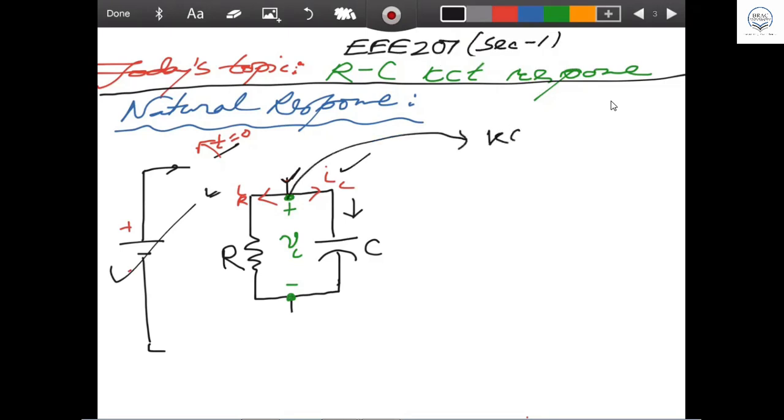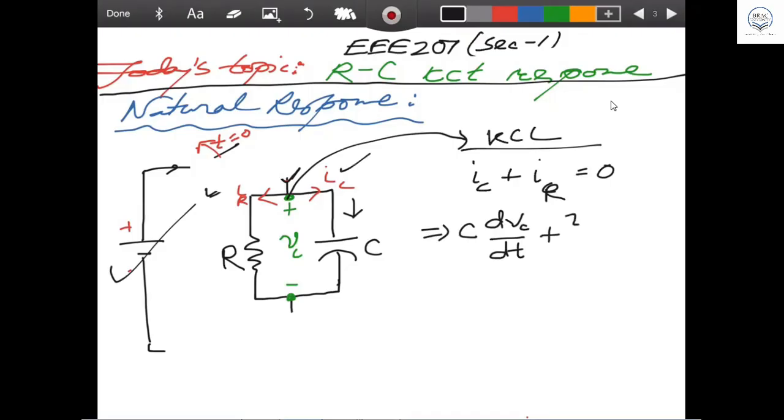If you apply KCL, IR and IC add together, because both are outgoing. So you can write IC is C dVC by dt and IR is VC by R. VC is the voltage across the resistor as well as the capacitor because they are in parallel.